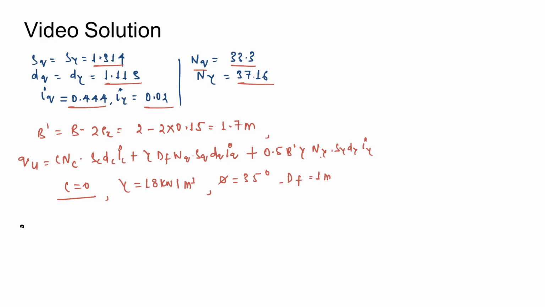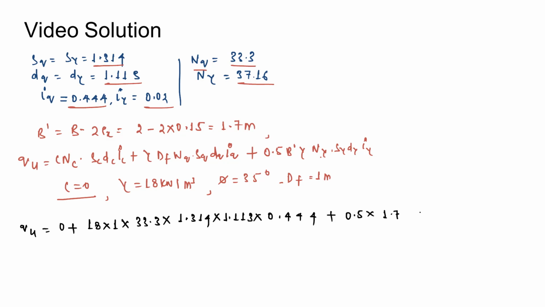Now if you put the values in the equation, we will get q equals 0 plus gamma 18 into depth of foundation 1 meter into Nq 33.3 and Sq 1.314 and Dq 1.113 and Iq 0.444, plus 0.5 into B dash 1.7 meter into gamma 18 and N gamma 37.16 into the shape factor S gamma 1.314 into D gamma 1.113 into I gamma 0.002.